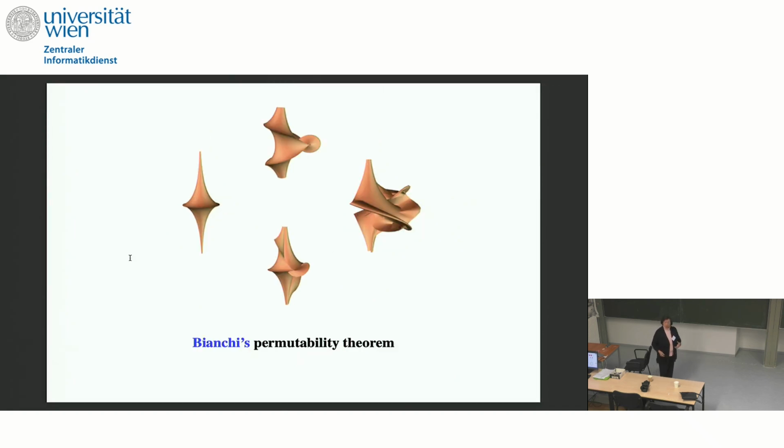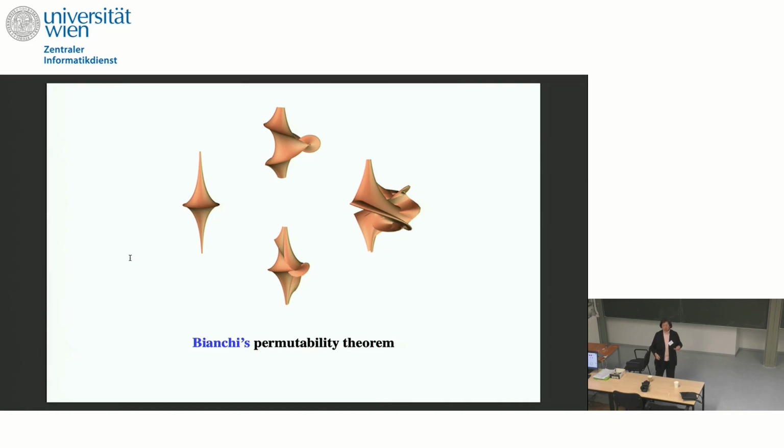Now, Bianchi showed a little later that there is a permutability property: once you start with a solution, or a surface, it doesn't matter, you go from one solution to another by a theta, like here pi/2, from here to here pi/4, and then if after pi/2 you do pi/4, it's the same thing as starting with pi/4 and then getting pi/2.